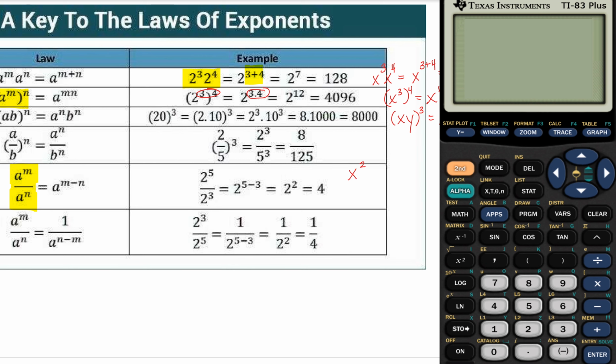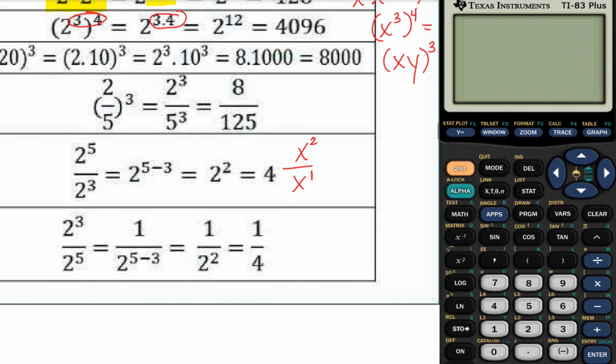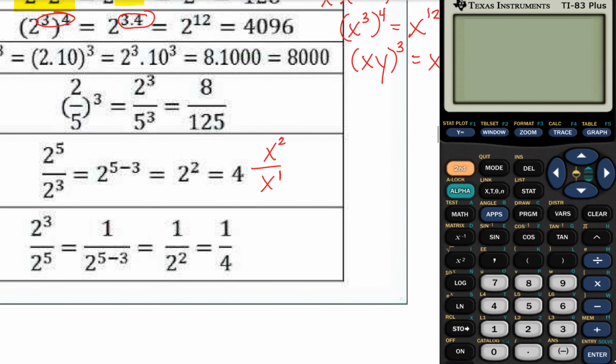If we had x squared over x, that reduces down to just be x. But in reality, what you're actually doing is this is like an x raised to the power of 1. And what we end up doing is we go, oh, okay, well, we're going to move that to the top by subtracting him to the other side so that we end up with just x over 1. And then this becomes just x to the power of 0, and anything to the power of 0 is 1. So it just ends up being x.